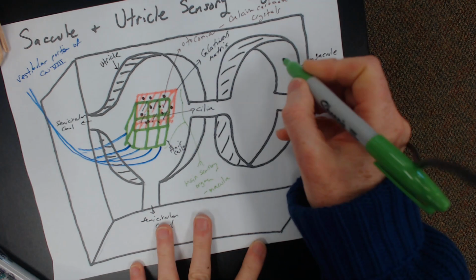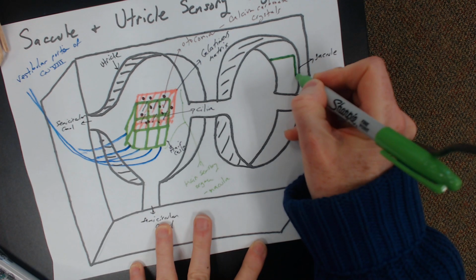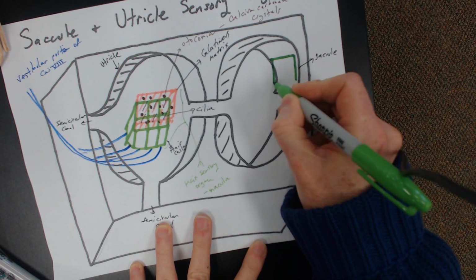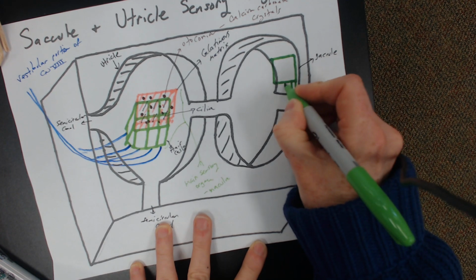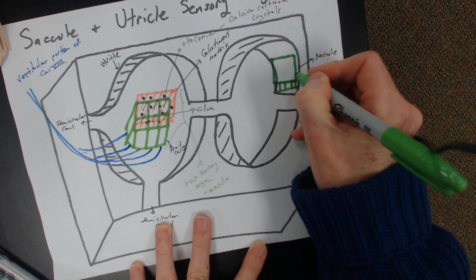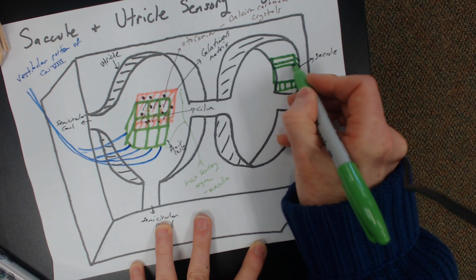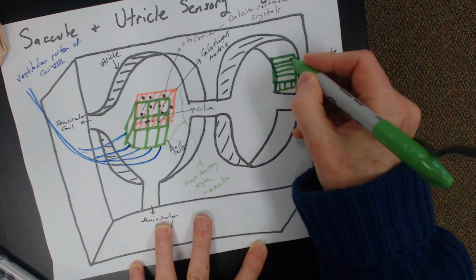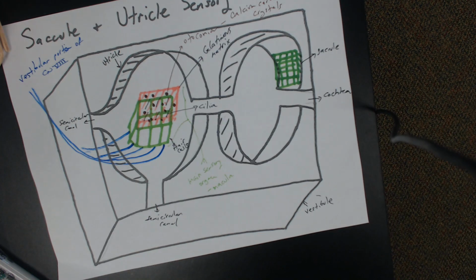So if I can draw that, I'll draw it here. Same sensory organ, these are my hair cells, but the hair cells are now on the wall of the pool.